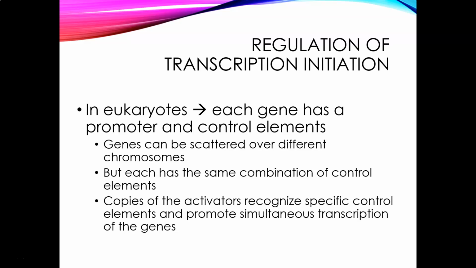I just need to attach them to the right promoter regions, the right control elements, in order to activate or inactivate the genes that I need in that particular cell. So copies of activators recognize specific control elements and promote the simultaneous transcription of those genes that are necessary collectively for that cell to be able to produce a set of proteins that it needs in order to do its function at that particular point in time.